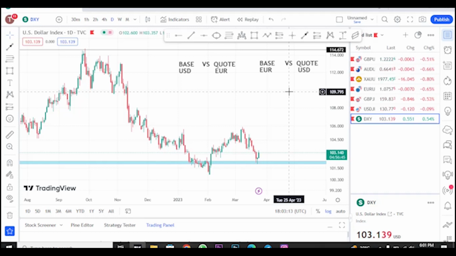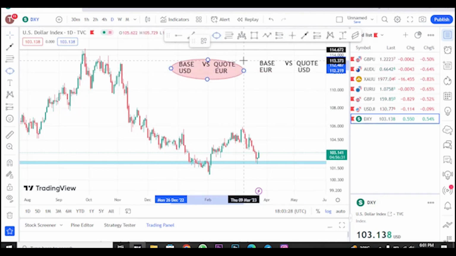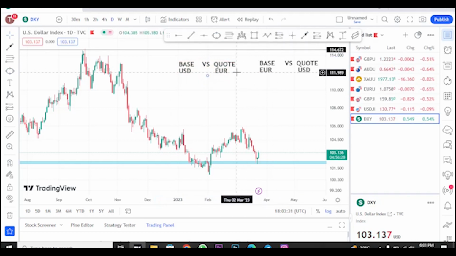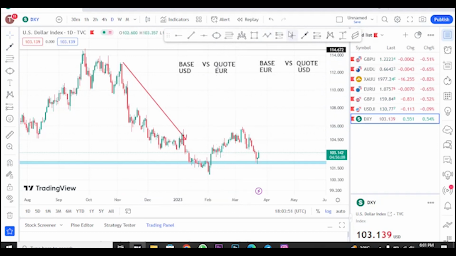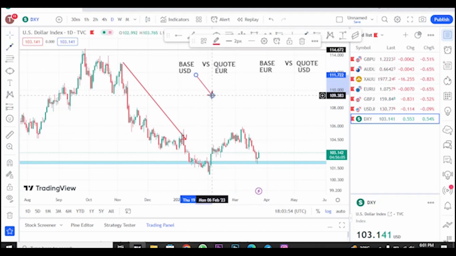From the DXY perspective, when the US dollar is paired with another currency, for instance the euro, and the DXY, which basically means the US dollar index, is moving in a bearish type of movement, that particular currency pair will also be moving in a bearish type of movement.